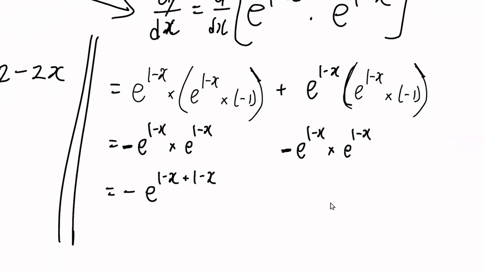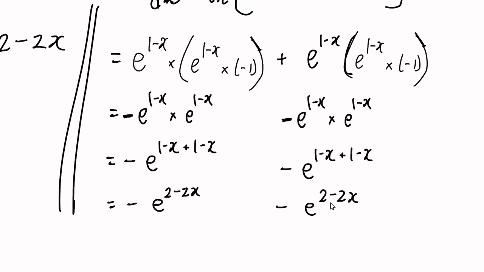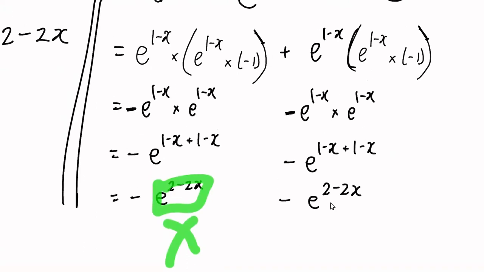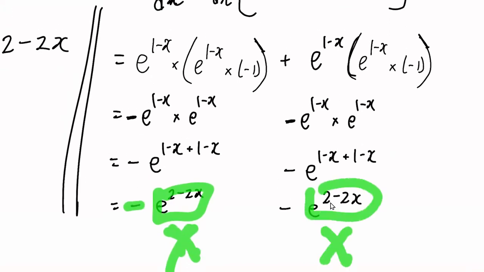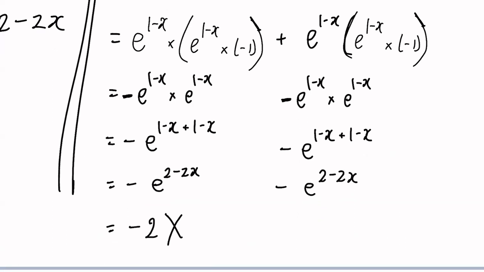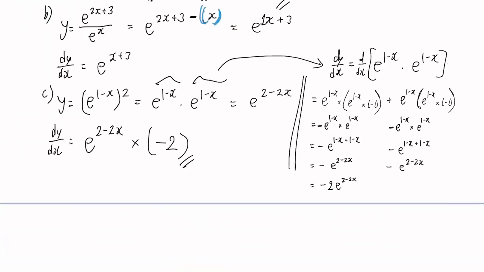Same thing for the other guy. Of course, at this stage, you should realize it's just 2 minus 2x, minus e power 2 minus 2x. Can you see the screen? But of course, it's e power 2 minus 2x, which is the same answer as what you got here.